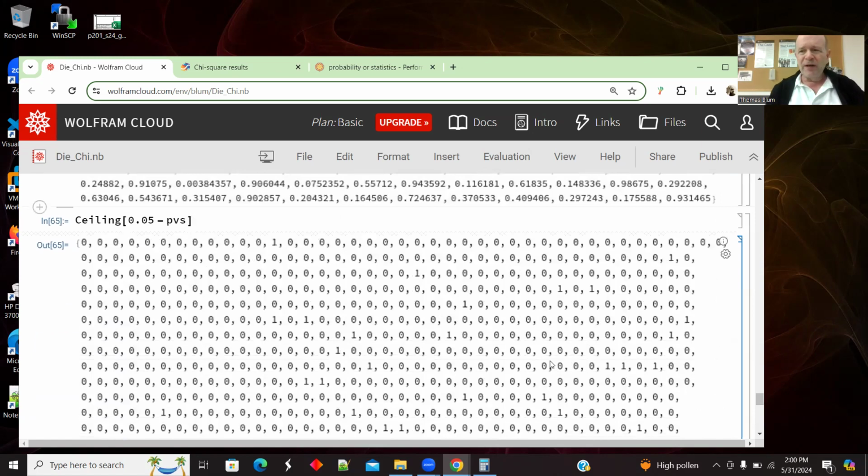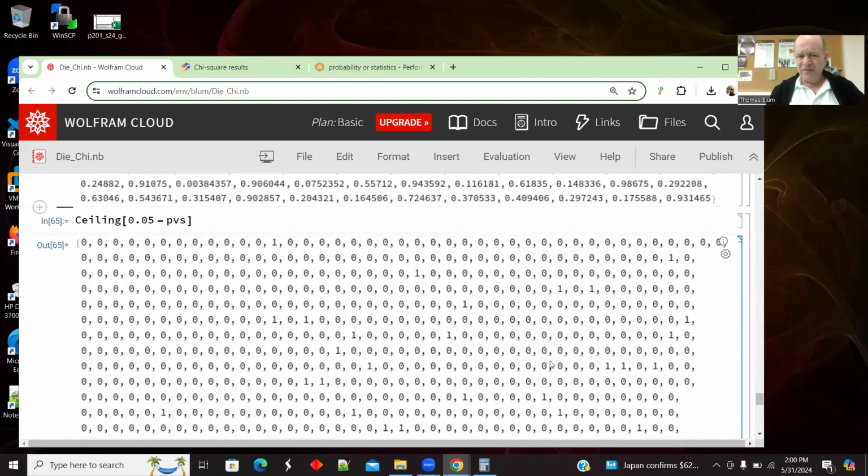And now the rule of thumb is if you are less than 0.05. So I'm going to take 0.05 minus the p-value. If the p-value is greater than 0.05, I'm going to get a negative number, and then the ceiling of it is going to be 0.